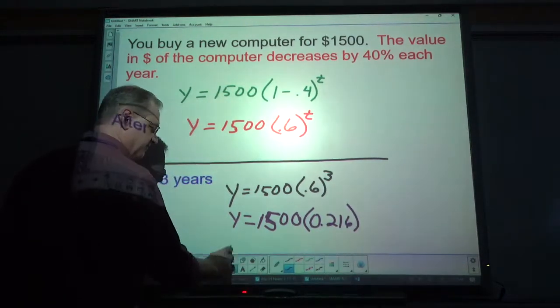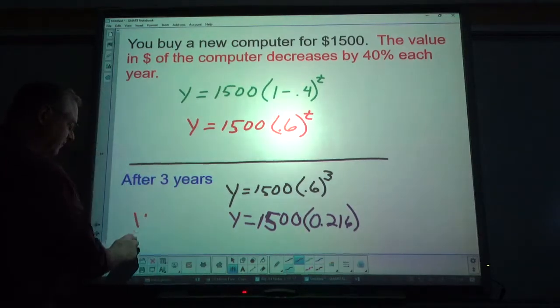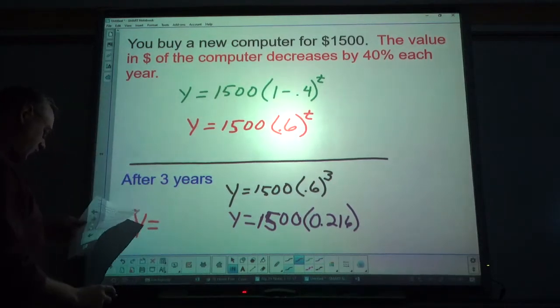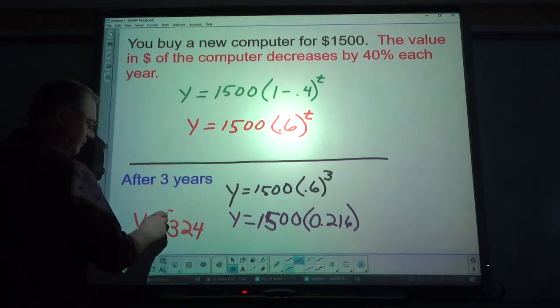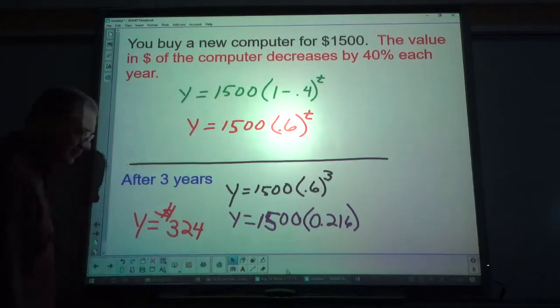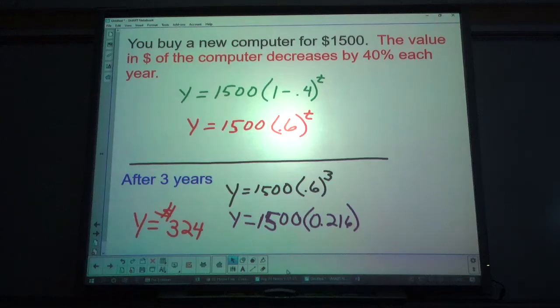And now the final answer, after 3 years, it's worth a whole $324. Not a lot compared to 1,500. But you know how fast technology changes, and the faster it changes, the more quickly an item becomes obsolete.